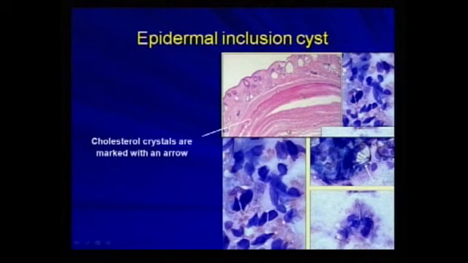But you're going to see the similar type of things with neoplasms of follicular origin. The other thing that helps to confirm a diagnosis of a keratin-producing cyst or neoplasm are these cholesterol refractile crystals. They're generally rhomboidal, and if you look, you will often see them.